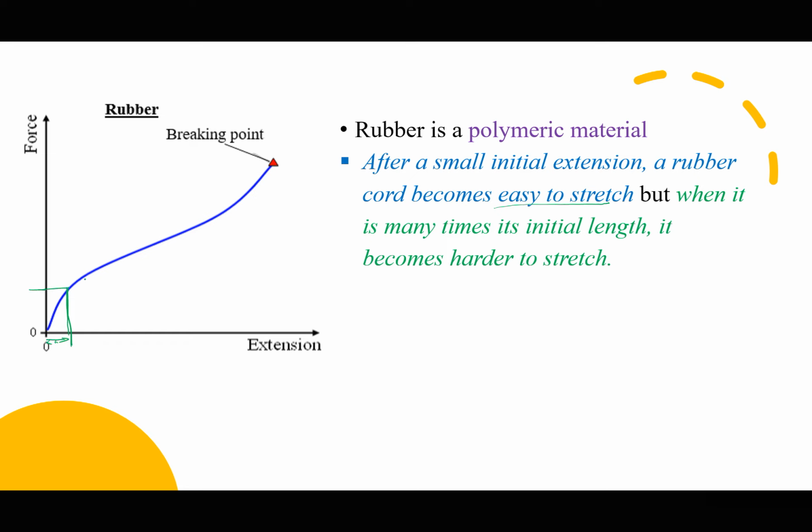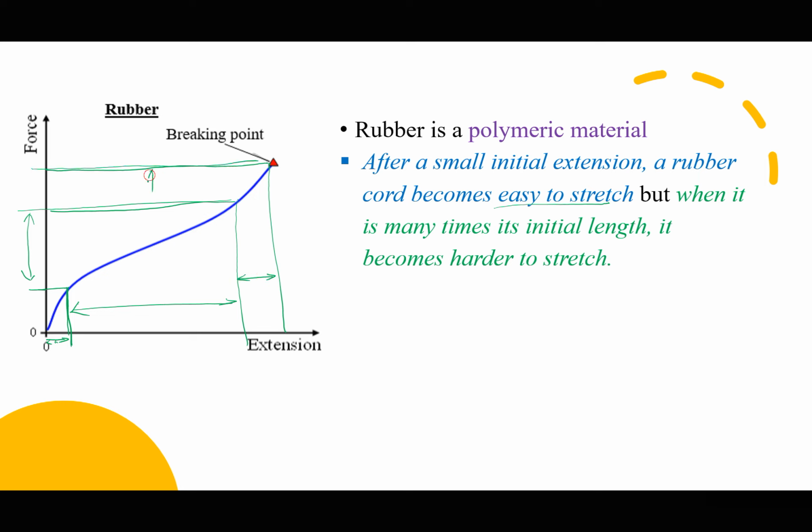But later on, you notice that the change in force is now smaller, causing a very big extension. And finally, you will notice that you will need more force to cause a smaller extension.